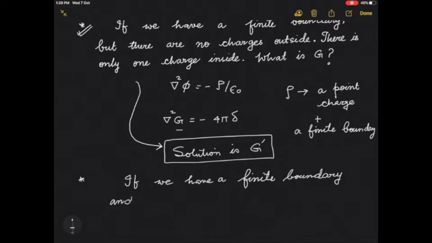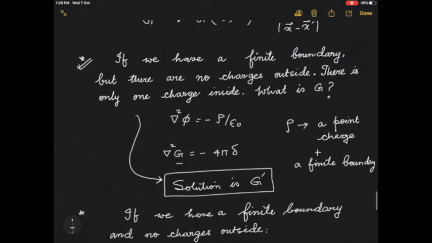So if you have a finite boundary and no charges outside, so we have just said from there that in this particular case, the contribution, because there is no charges outside, the solution is same G prime, right?